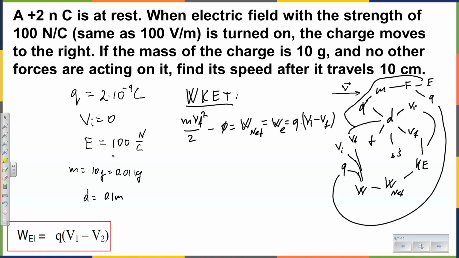Right now, what else do we need to do? Well, first of all, let's see how it works for us. Mass, final speed squared over 2, charge. And here, what we usually write is not a change, it's a difference, a potential difference. Change would have been final minus initial.